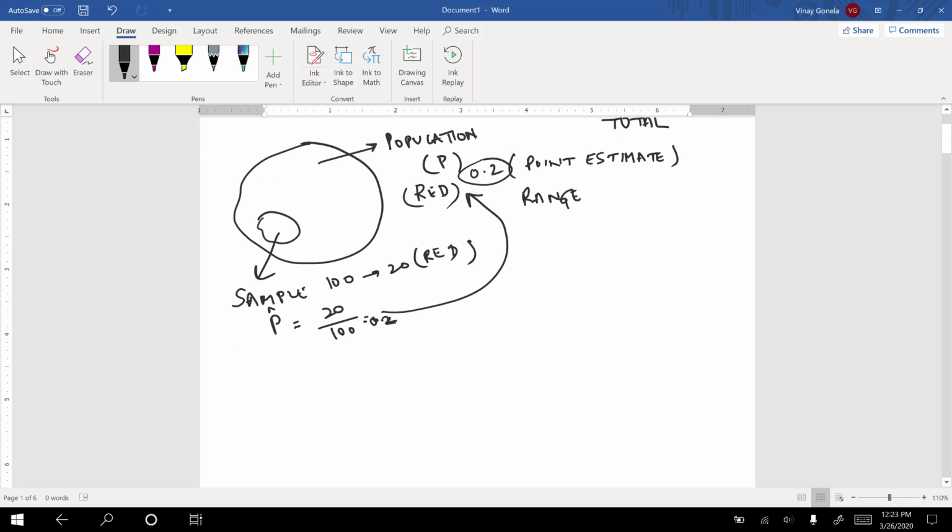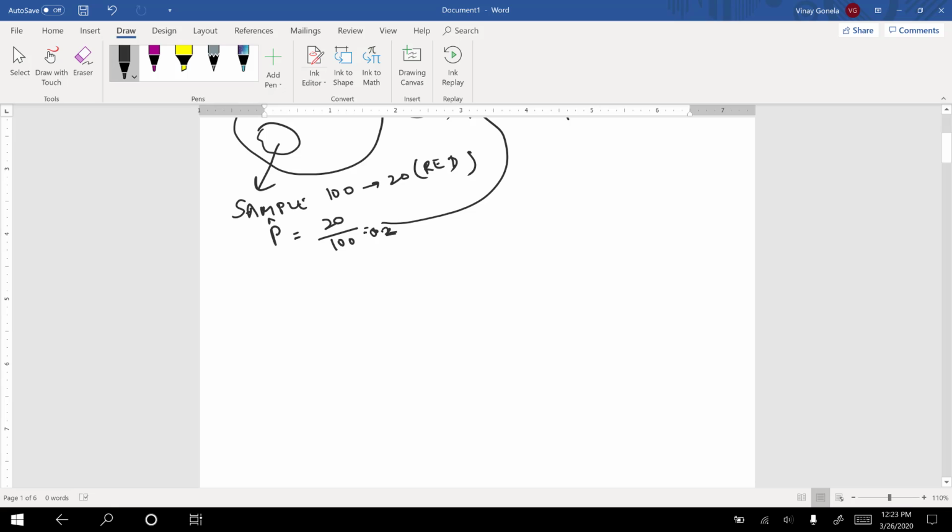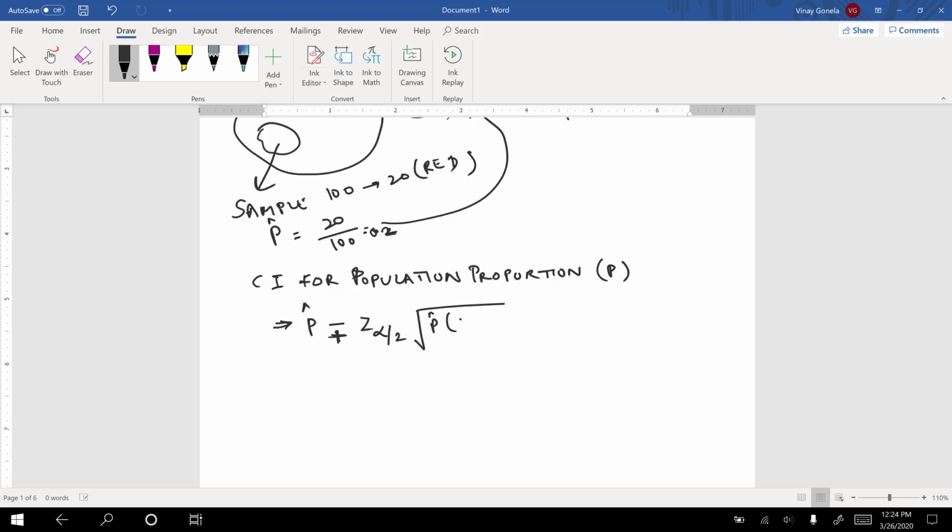So that's the main idea. Let's discuss the formula for confidence interval for population proportion, for P. The formula is given as P hat minus plus, and again we will be using the Z statistic here: Z alpha over 2 times the square root of P hat times 1 minus P hat, over n.